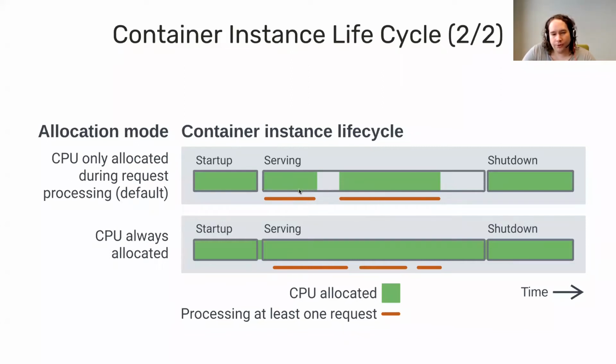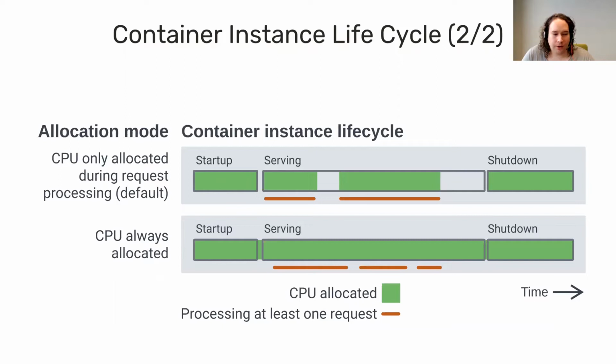And you see in the first model, in this part, you're not required to pay. This would not be counted as billable time. Whereas when the CPU is always allocated, you would have to pay for the whole life cycle of this instance.